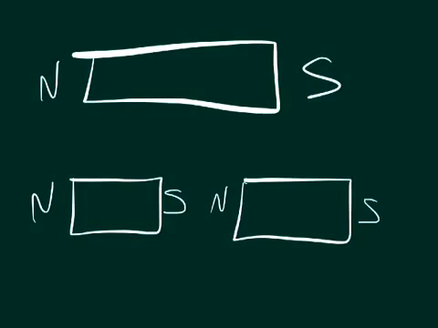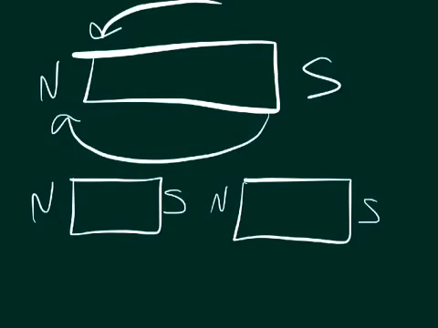Remember that magnetic field lines are always drawn from south to north. Who remembers why that is? Why are they drawn from south to north? It's because south attracts north, and the north accepts the attraction, and south gives off. Hold on, backwards. Shouldn't it be going from north to south?